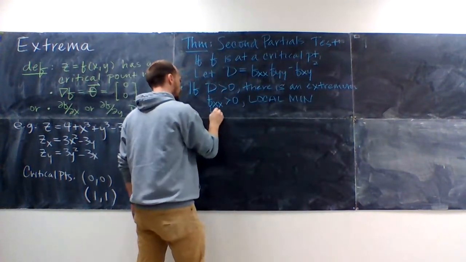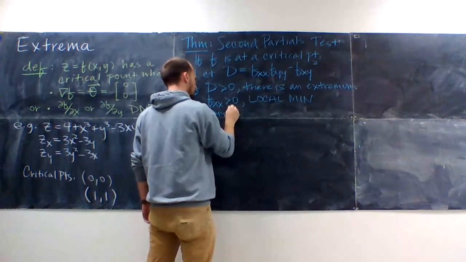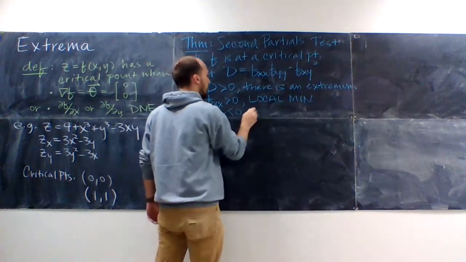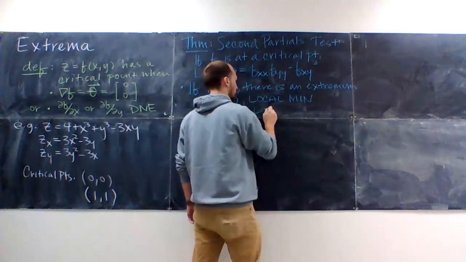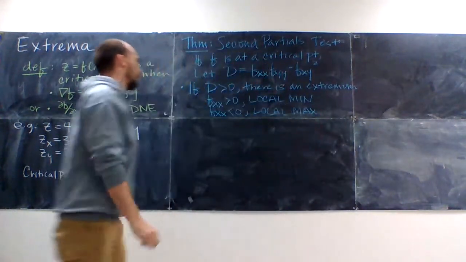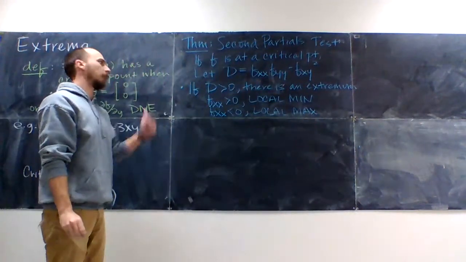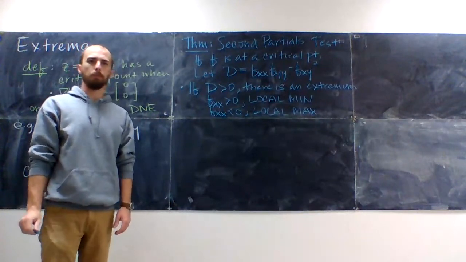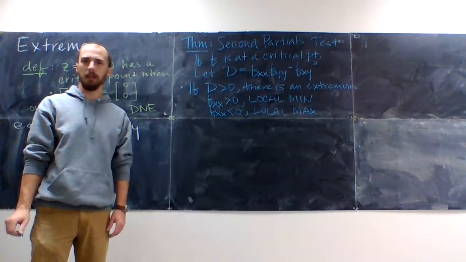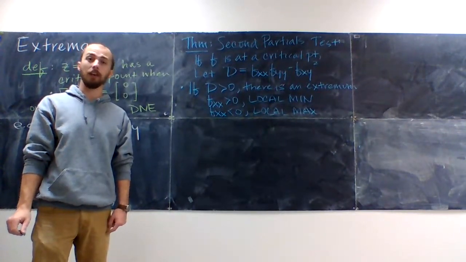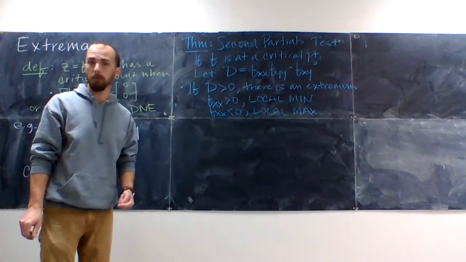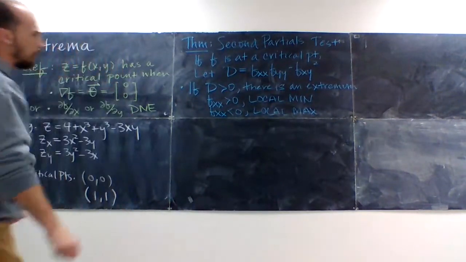And if fxx is negative, we are at a local maximum. If fxx was 0, then, well, hold on. Let's think through what would happen if that was the case. If fxx was 0, then it would not be the case that D was positive in the first place. I'll let you think about why that's true.